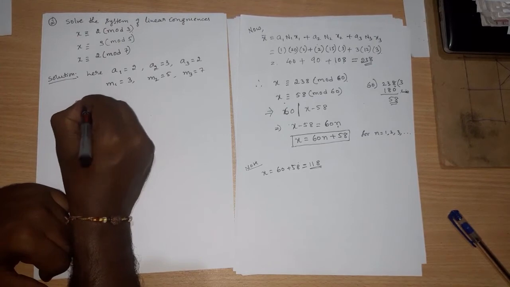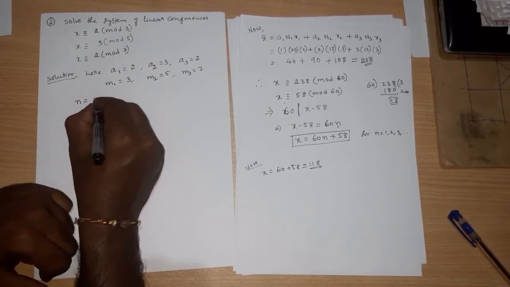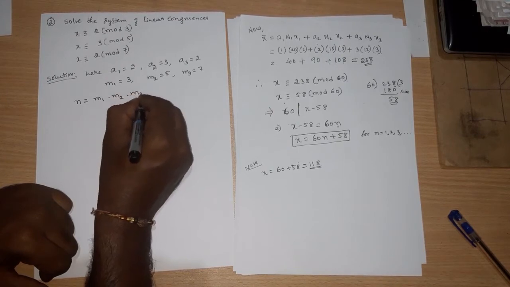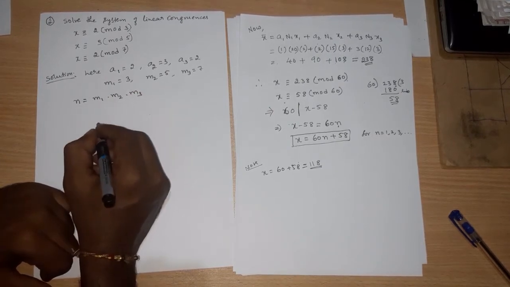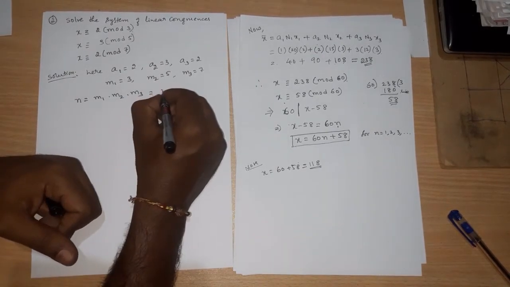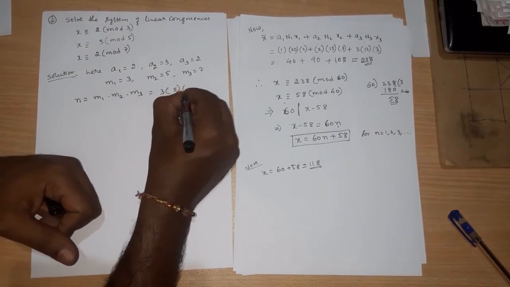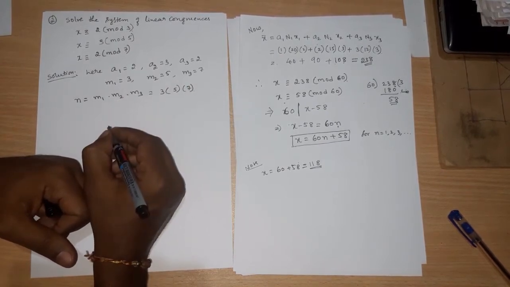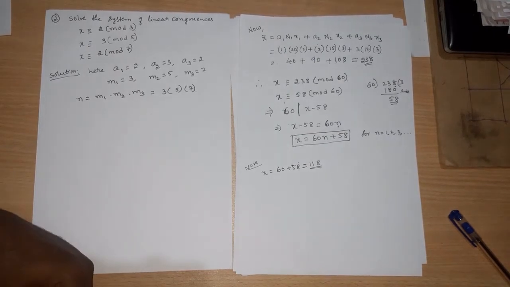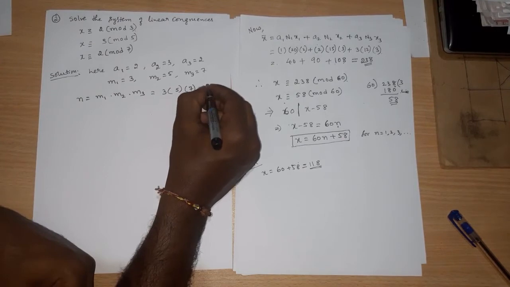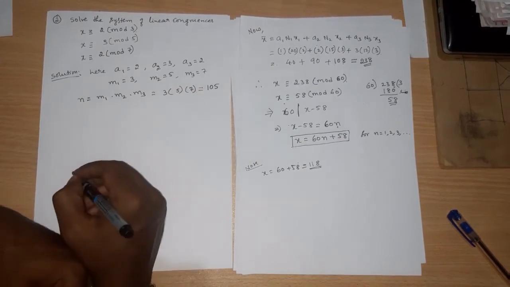So we have to find out capital N. What is the formula? N equals m1 into m2 into m3. m1 is 3, m2 is 5, and m3 is 7. So if you multiply, you will get 105.